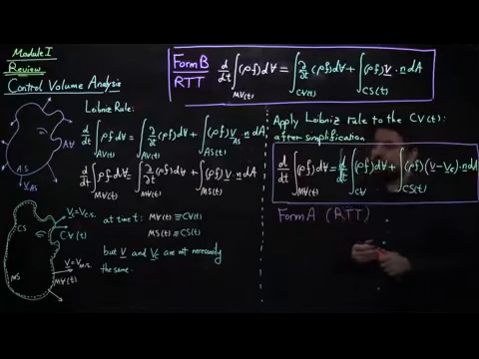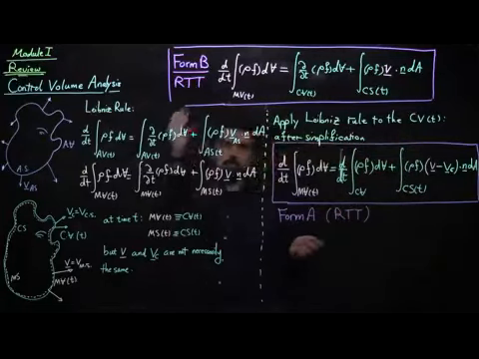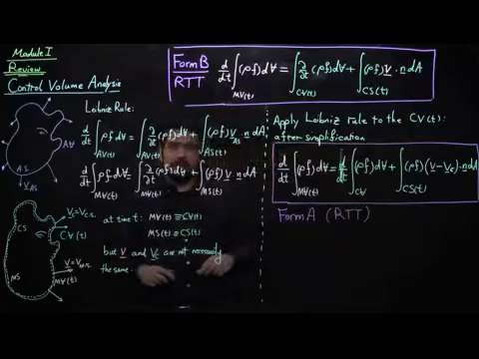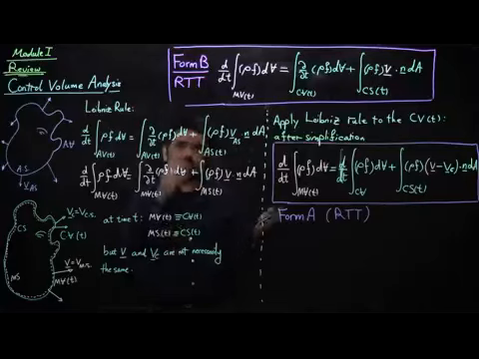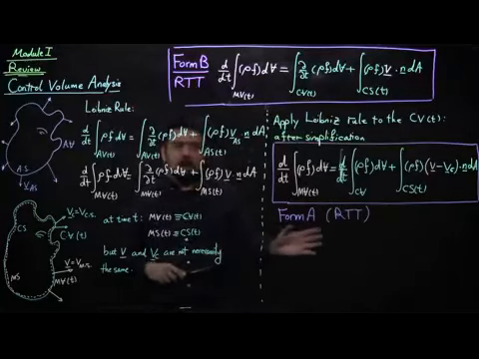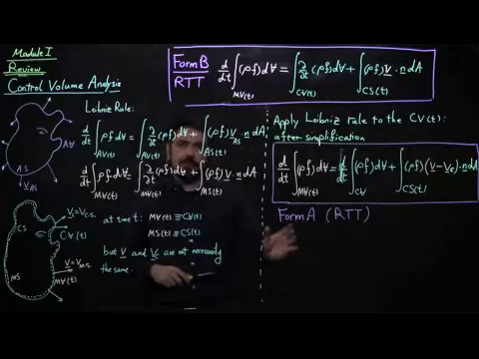Dealing with different problems, you may be tempted to use either form A and form B. Your solution should give you exactly the same result no matter which form you use. These are the same ideas just described in two different ways. I personally feel form A is more helpful when you deal with a problem from scratch.